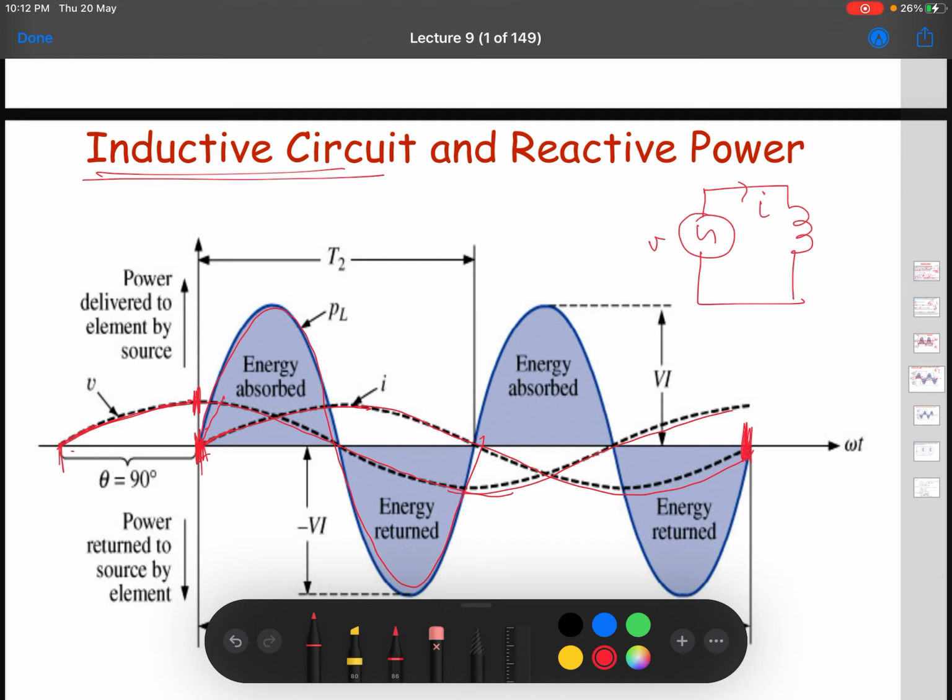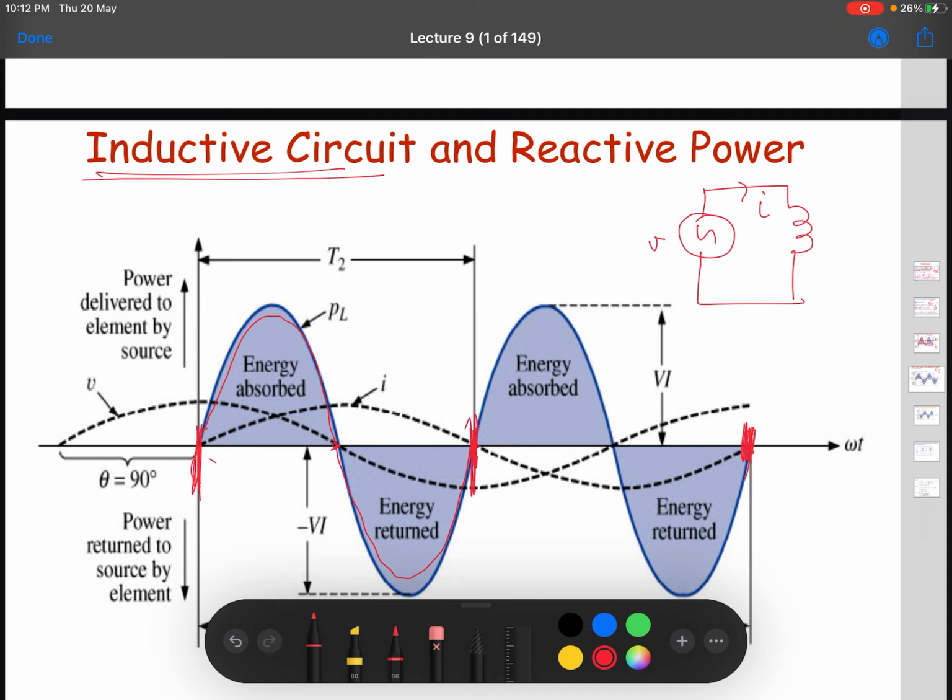So if I take one cycle of current over here, from here to this point, this is one cycle. Then what about the power? Power, if you again see, is oscillating with double the frequency. So this is one cycle, whereas this up to this point is a full cycle of I, whereas this is a full cycle of power.